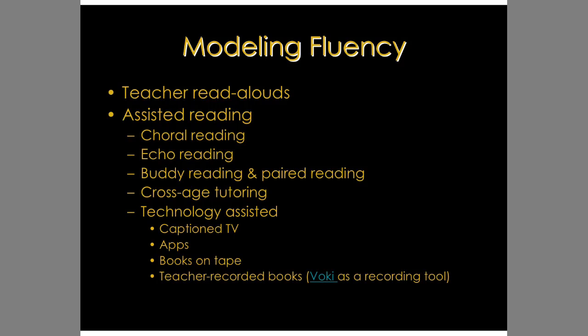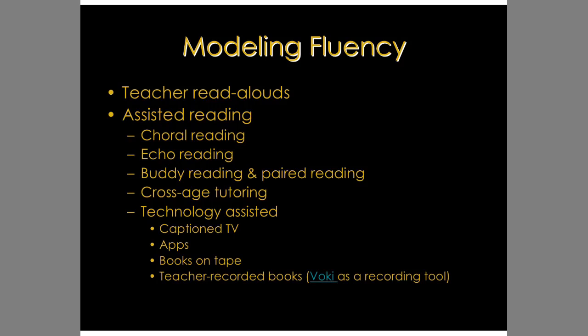So as noted in the article that you read about fluency for this week, that helps less confident readers hear what fluent reading sounds like, and it helps them to attempt reading aloud in sort of a low-stakes setting because it's hard to really distinguish an individual voice in a choral reading. With echo reading, the teacher or a more proficient reader will read a text aloud, and then students will repeat the text all together. They'll echo what the teacher is saying.